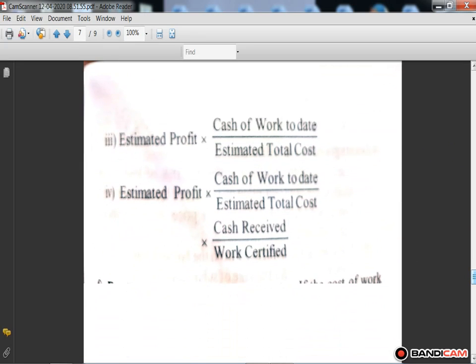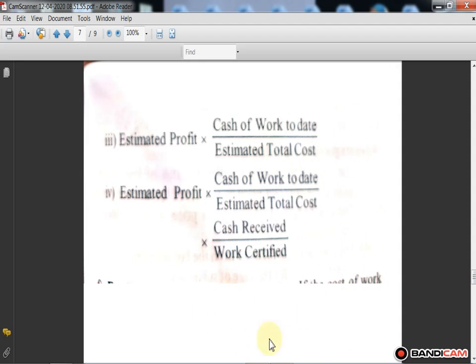The third formula is given here: estimated profit into cash of work to the date divided by estimated total cost. The fourth formula is: estimated profit into cash of work to the date divided by estimated total cost, or cash received divided by work certified.